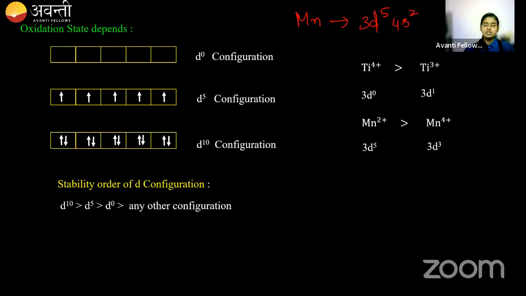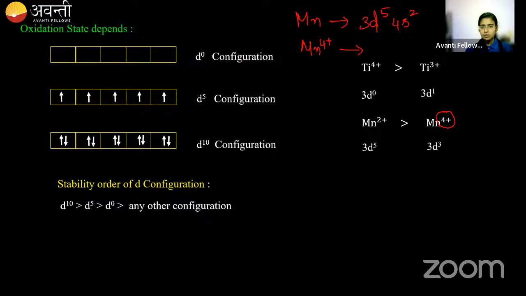Yeah. So now, after writing the electronic configuration for the neutral atom, you have to look into the oxidation number. Now manganese is existing in +4 oxidation state. So what is the meaning of this +4? 4 electrons have been lost by this manganese. So now you have to remove 4 electrons.